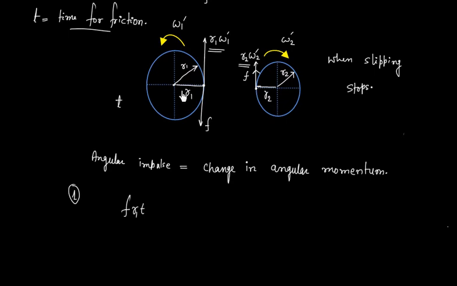So I am taking this direction as positive, and the torque is acting in this direction, so this is negative, and it is equal to final angular momentum minus initial angular momentum.